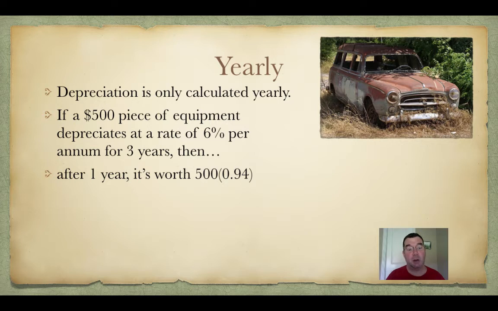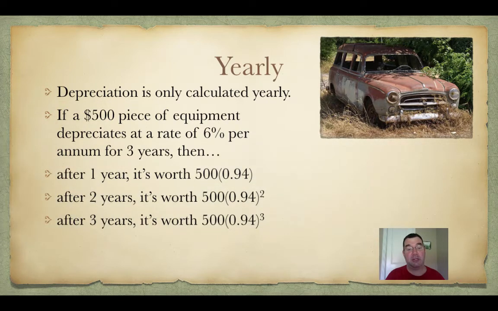So I want to know what 94% of the original value is, because that's what it's worth now after 1 year. So I'm going to repeat that process in moving from the end of the first year to the end of the second year by multiplying by 94% again. And then after the third year, multiply by 94% again.